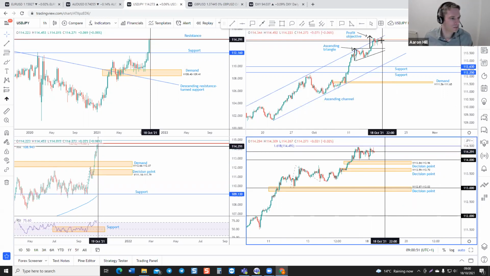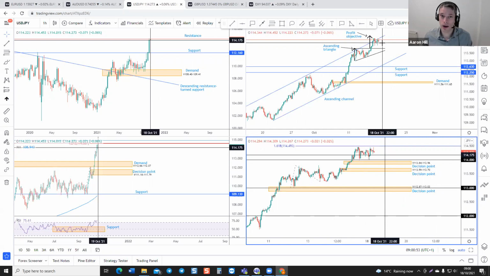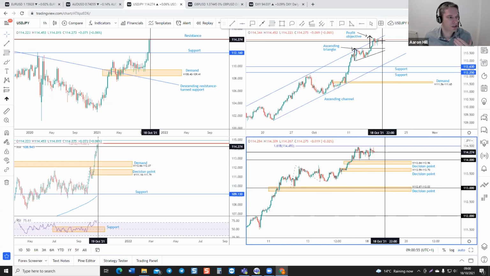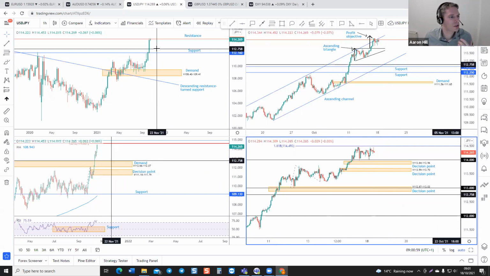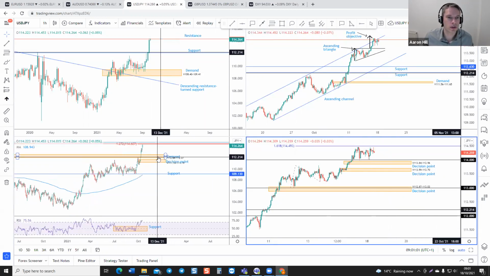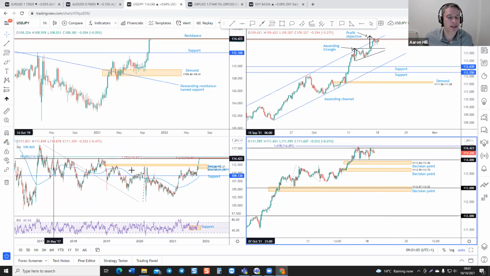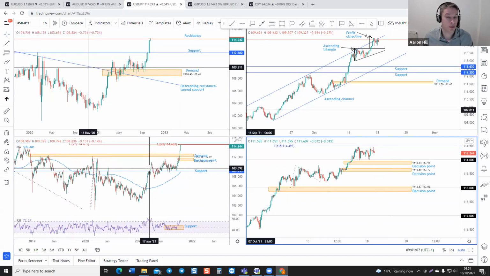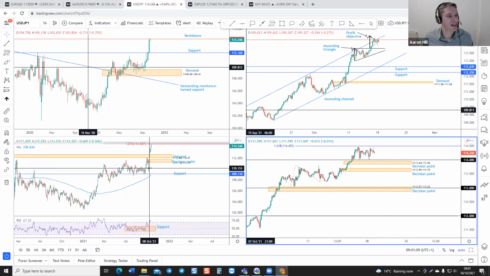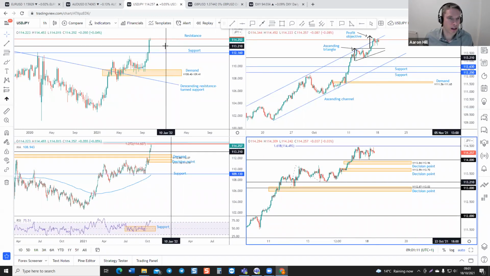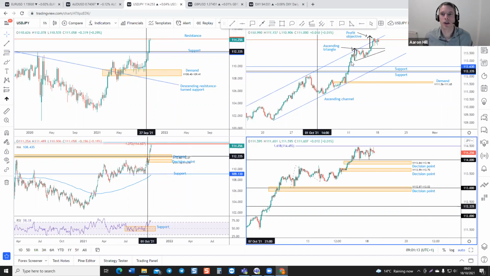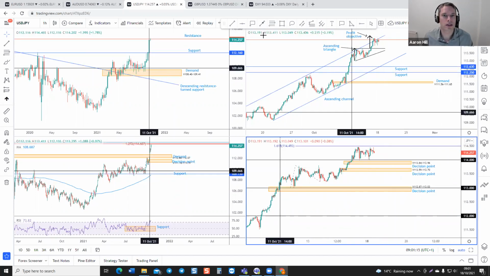Do bear in mind this is positioned between the higher time frame resistances: 114.94, which, if you remember, is the daily time frame 78.6% Fibonacci retracement ratio, and 114.38, which is the weekly resistance. So do be aware of these areas today.